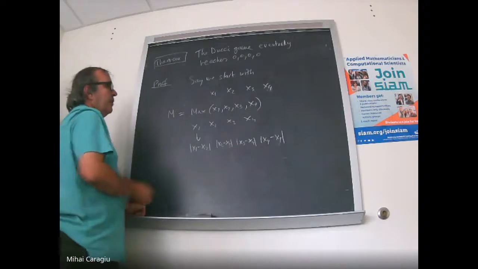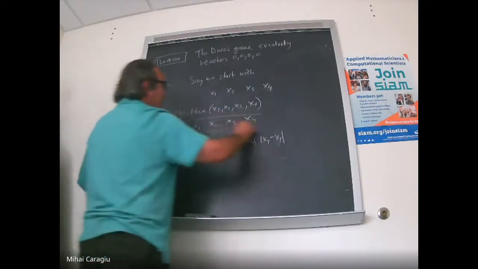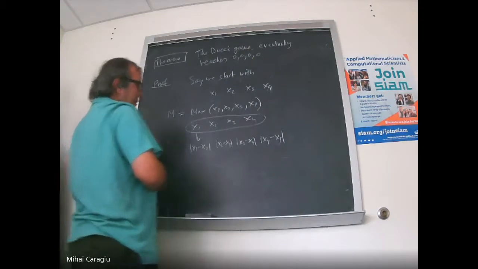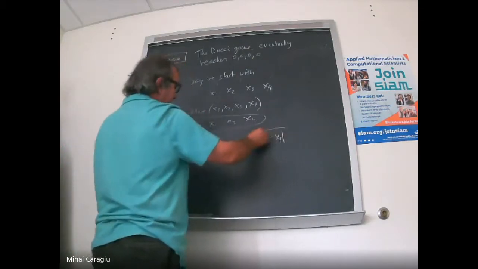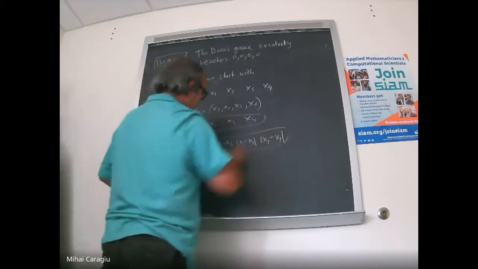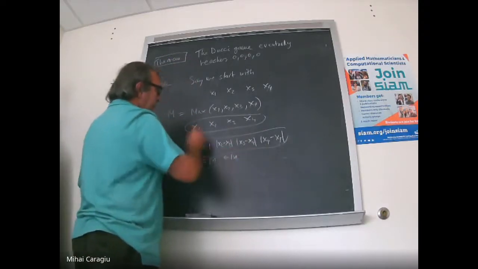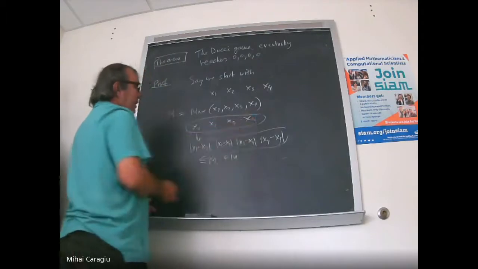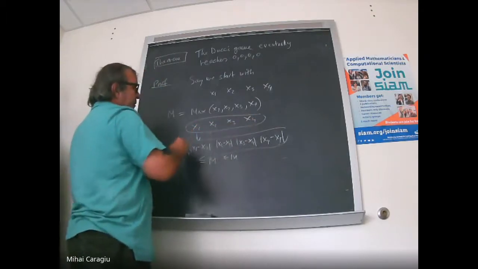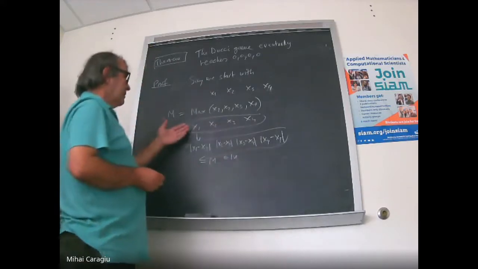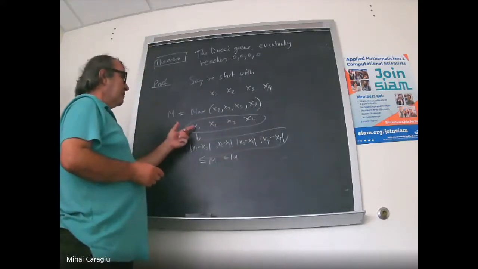If the maximum of the numbers in the first row is n, then all the numbers in the second row are less than or equal to n, because x1, x2, x3, x4 are all less than or equal to n. One of them is n, but in particular, all of them are less than or equal to n.